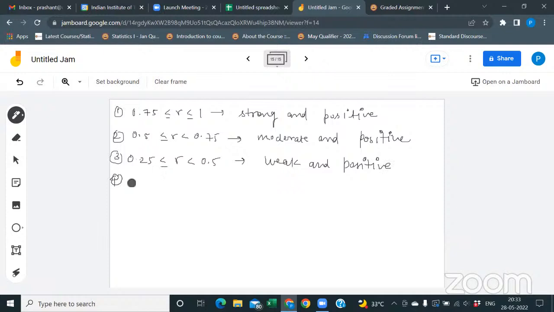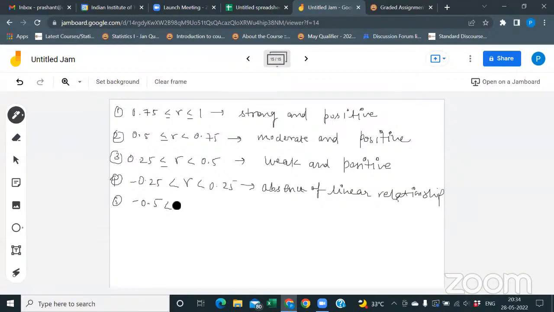And if your R lies between minus 0.25 to 0.25, then absence of relationship, meaning there is no linear relationship. I'm hoping you are able to understand my writing. And suppose your R lies between minus 0.25 and minus 0.5, then it will be weak and negative.